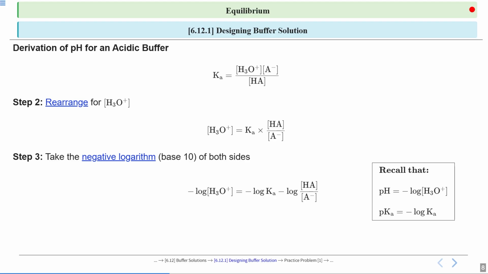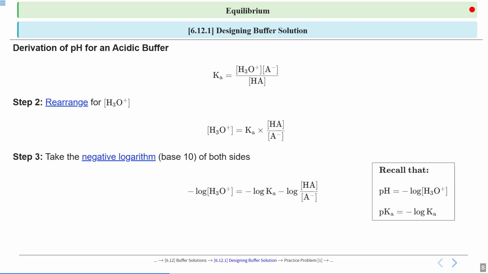A minus concentration. Here you should notice one very important thing: after taking log, your multiplication turns into addition. So now you have to add minus log Ka and minus log HA by A minus, and therefore you are getting this result. Now, are we familiar with these terms? Do we know what is minus log H3O plus? Do we know what is minus log of Ka?